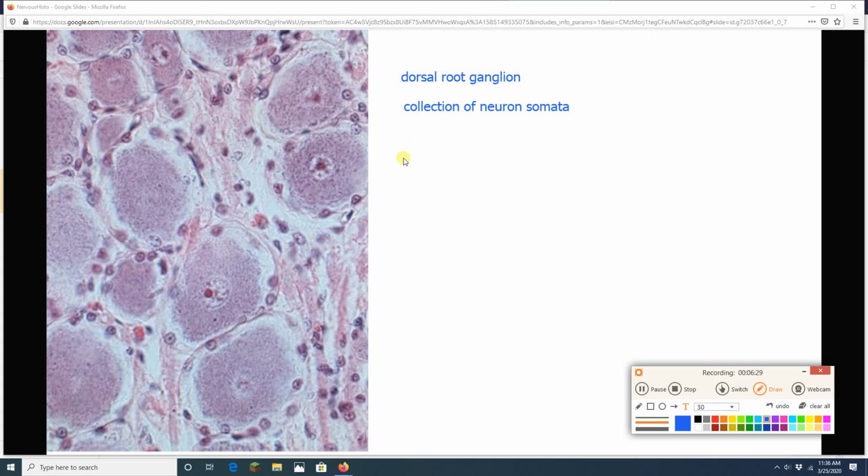In the dorsal root ganglion, we are going to have sensory somata. And in fact, that is what we are looking at. Like this guy right here is a soma of a unipolar sensory neuron. That's what this guy is, and this guy, and this guy, and this guy, which is pretty awesome.